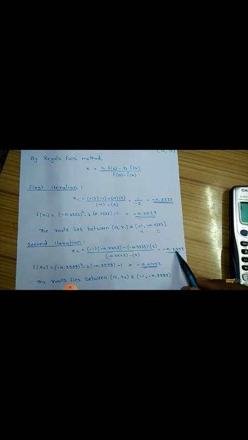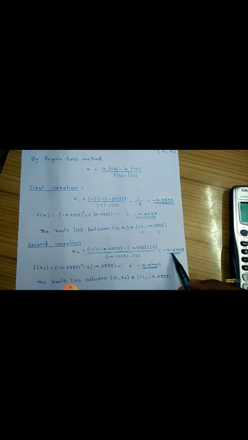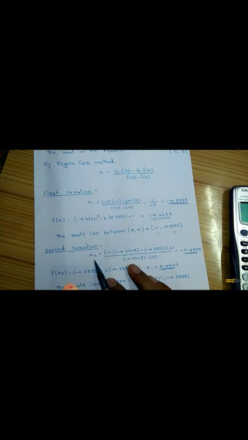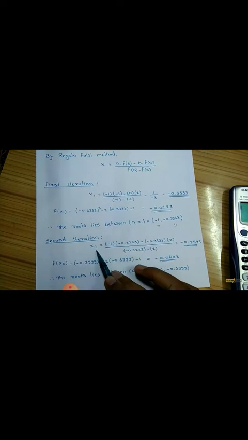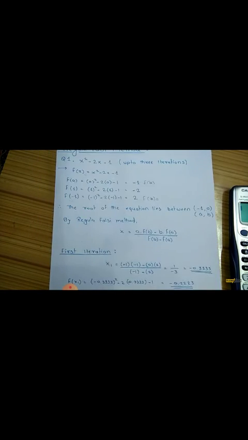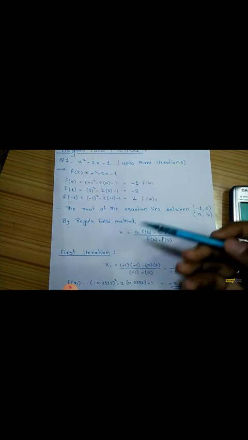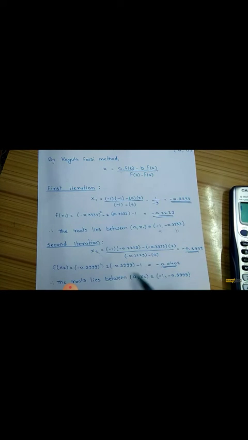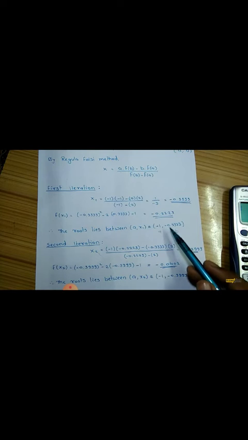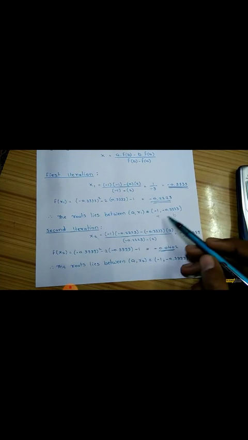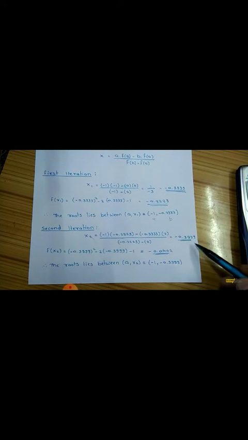Again we find these values with the help of the calculator, putting these values in the calculator in this manner, solving it and finding the value of f(x) at the given point. So this root lies between -1 and -0.3999. Again this interval is shrinking, and it becomes more or less -1 to -0.399.